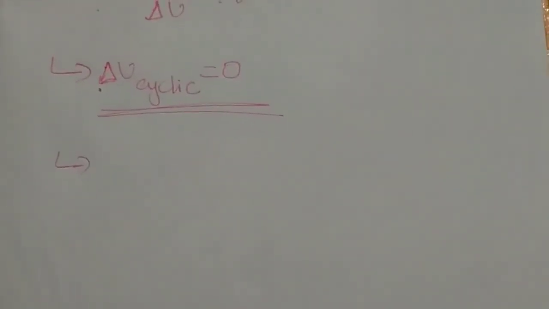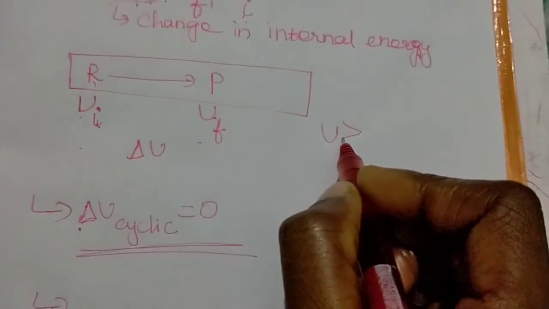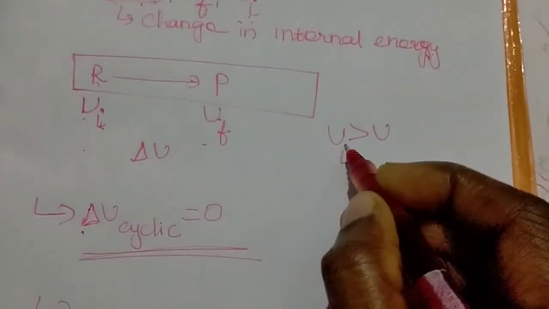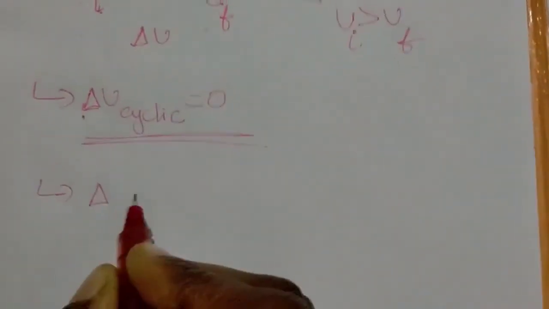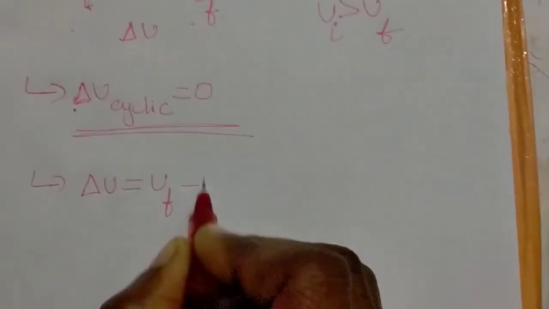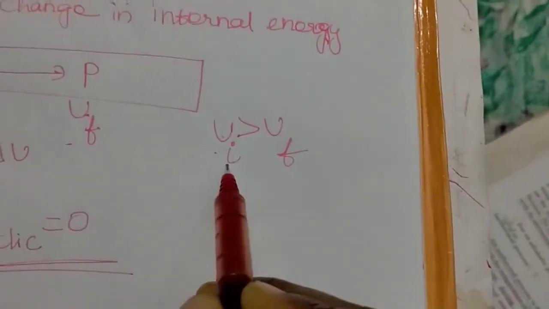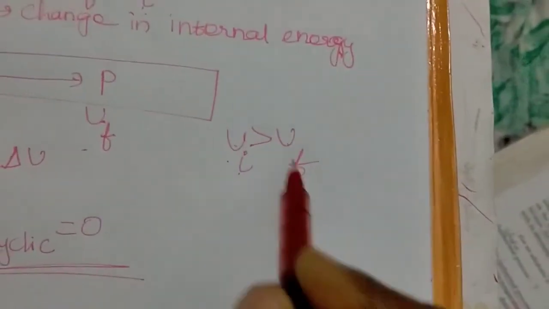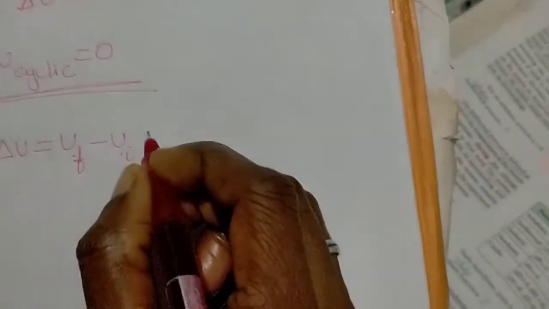If the initial stage internal energy in a reaction is greater than the final stage internal energy, then if you subtract the initial from the final, you will get a negative change in internal energy of the system.